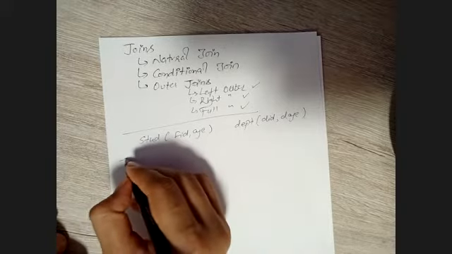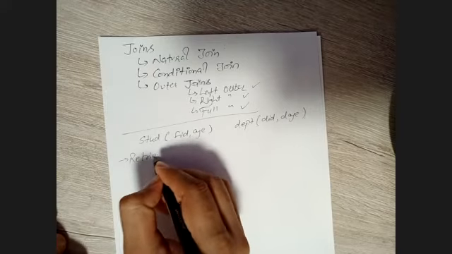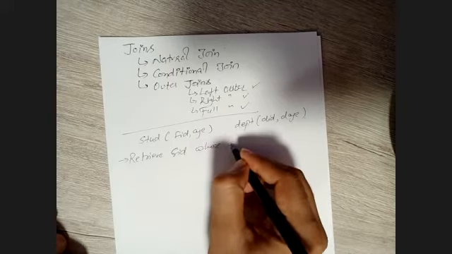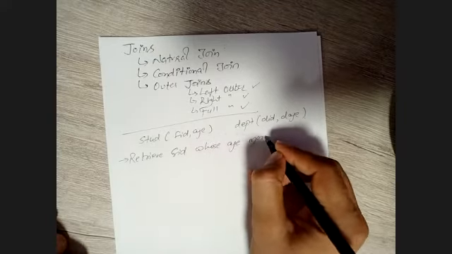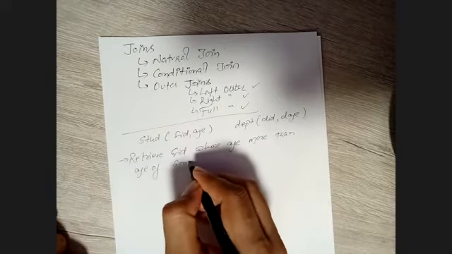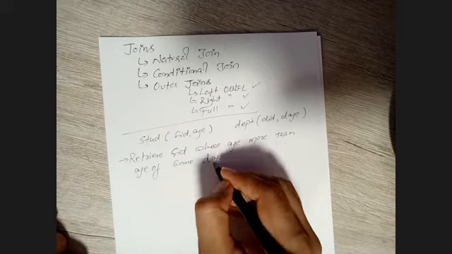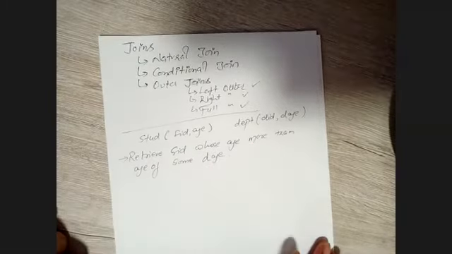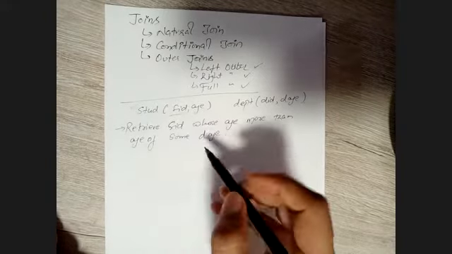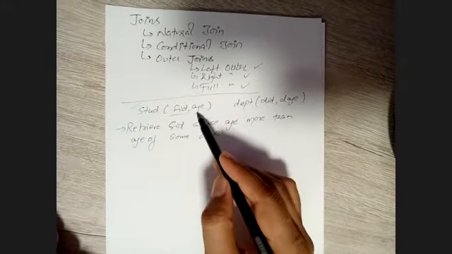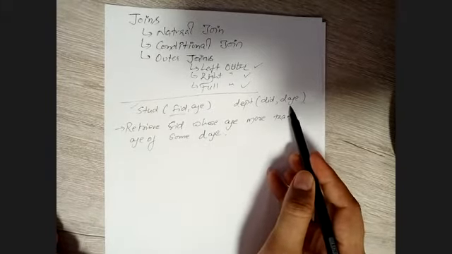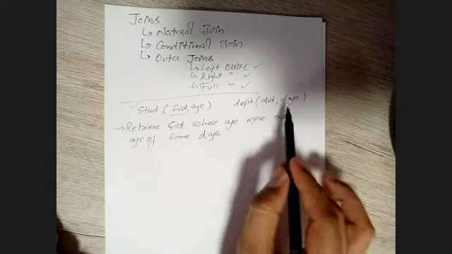The question is: retrieve SID whose age is more than the age of some department, that is the DAge. Understood? So we need to retrieve SIDs. SID is from the student table, whose age is more than the age of some department. This is the scenario that we have.